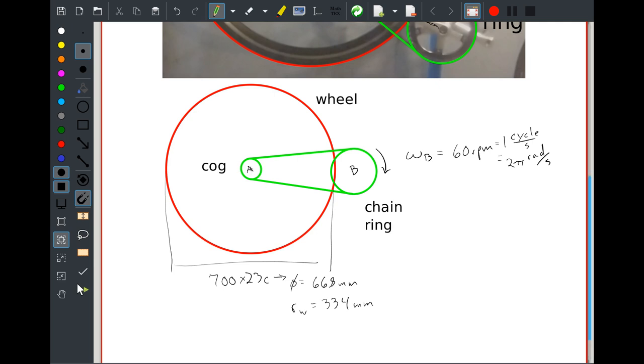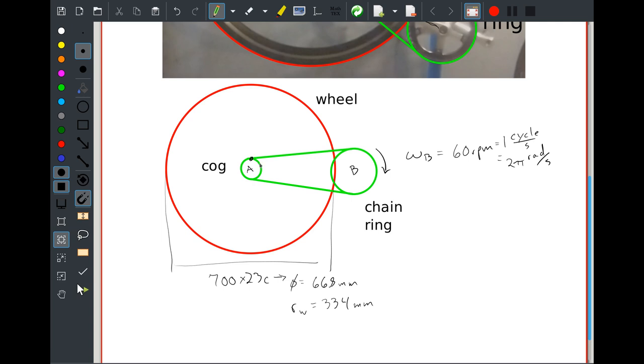Now, I don't know the radius of the cog or the radius of the wheel, but I don't actually need to. We're going to use the same thing that we did for those interlocking gears. Here we don't have a constraint that they're interlocked, but we do have a constraint.